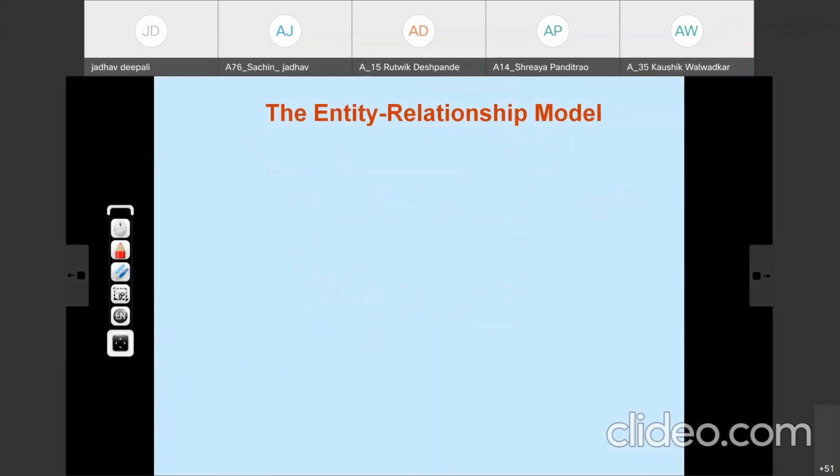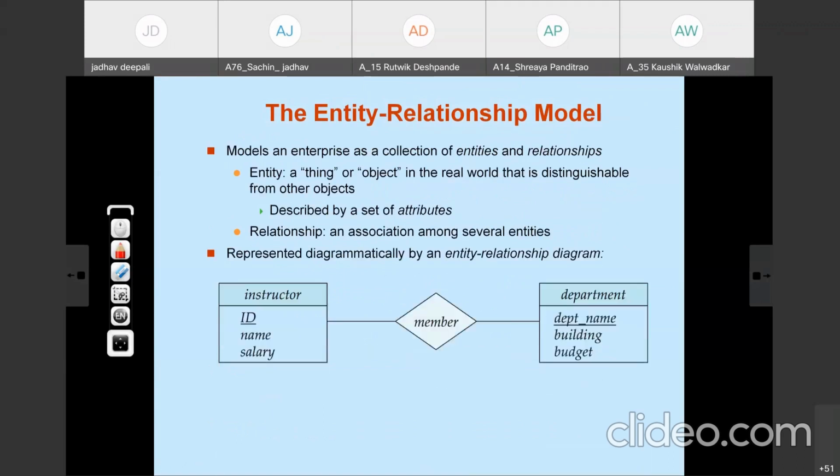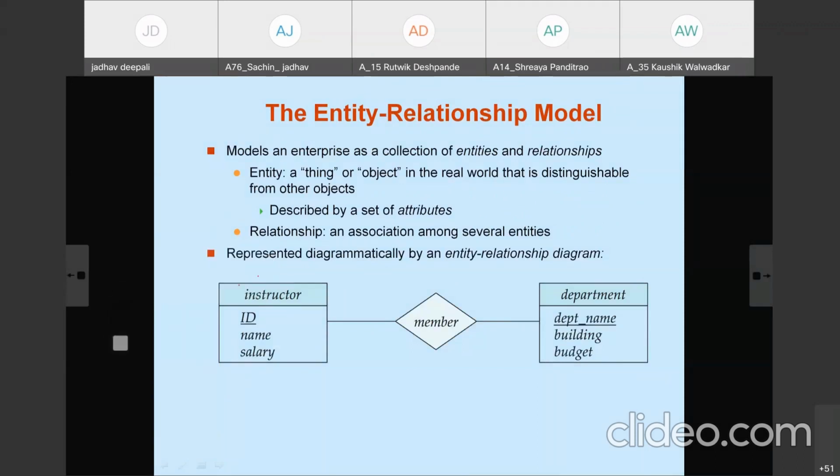An entity is a thing, and a relationship is an association among several entities, represented diagrammatically by an entity relationship diagram. The components we will see in detail afterwards. So this is the instructor entity, this is the department entity, and this is the member relation between instructor and department, meaning this instructor is a member of this department.